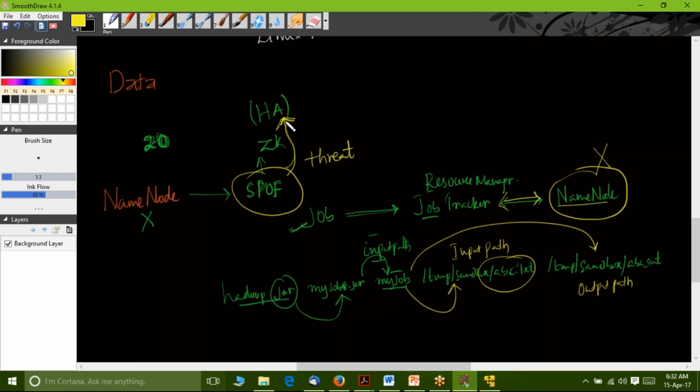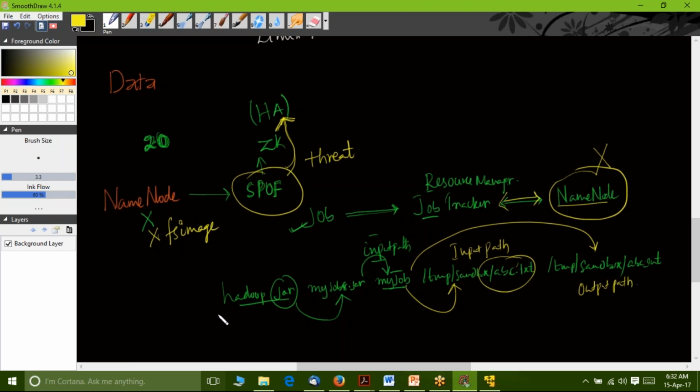A lot of alternatives have been developed. But still, for any reason, if the file system image, that is what we call the FS image, maintained by the name node, becomes unavailable, again the cluster becomes unavailable.